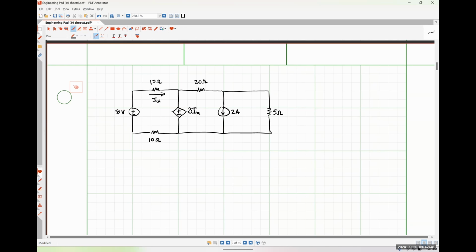So I'm going to modify my procedure slightly. I'm going to wind up adding a couple of steps. So let's start with step number 1, which is going to be the same thing as before. We're simply going to identify our nodes.